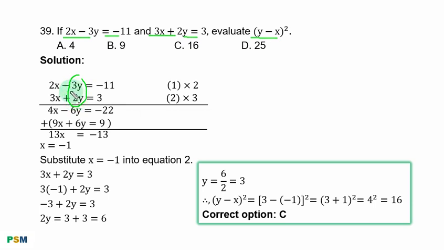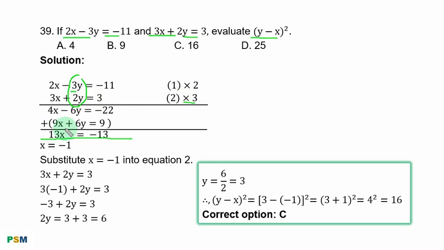So, you turn 3 to 6 by multiplying equation 1 by 2. You turn 2 to 6 by multiplying equation 2 by 3. You have this result.